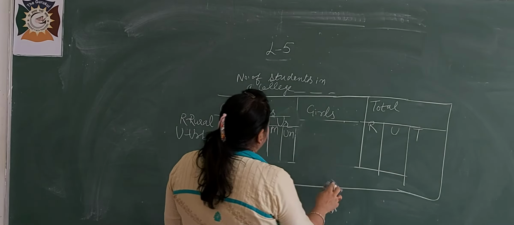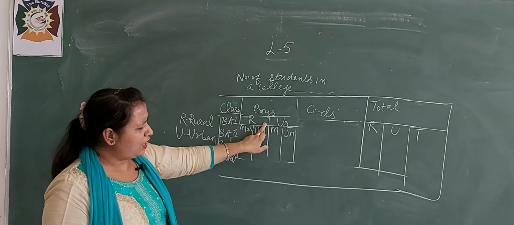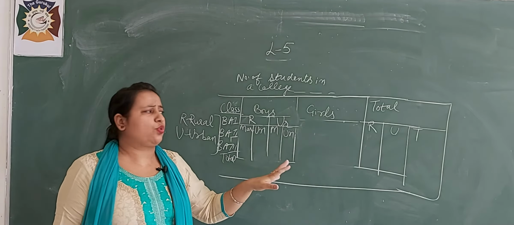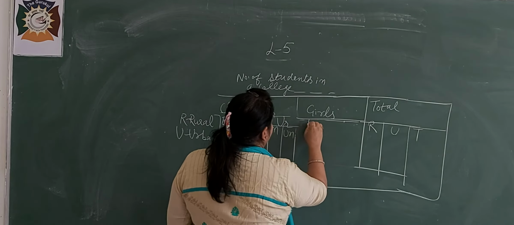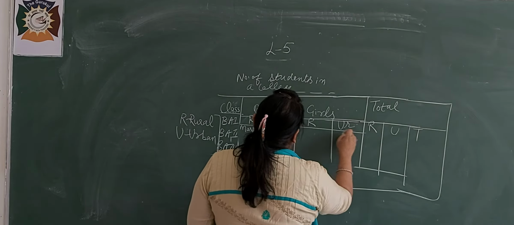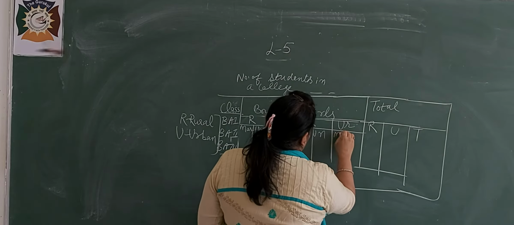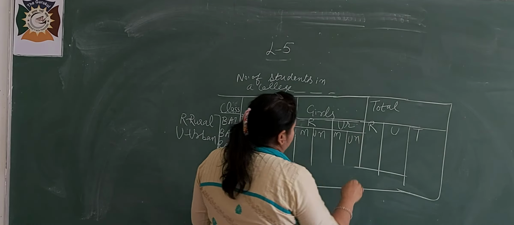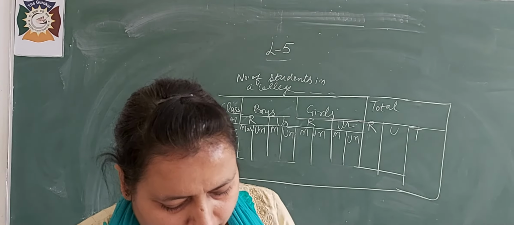It means you make many folds. First fold, next fold and next fold. That is known as manifold. Here also rural, urban, further divided, married, unmarried, married, unmarried. The next total you will write over there.